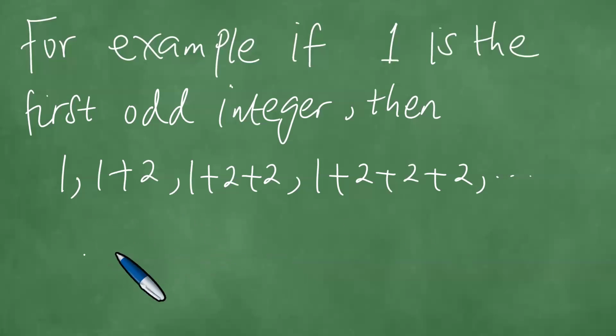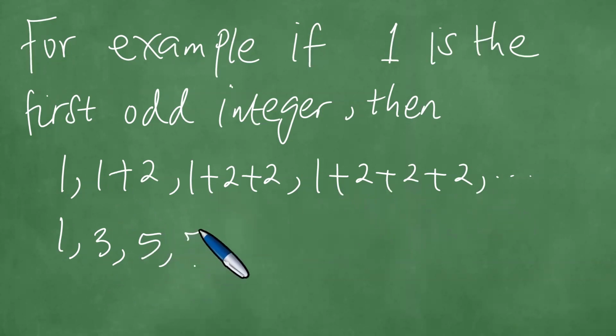Just listing a few here, we have 1, and 1 plus 2 is 3, 1 plus 4 is 5, and 1 plus 6 is 7. This gives us a list of consecutive odd integers, and we have just generated a list of 4 of them.